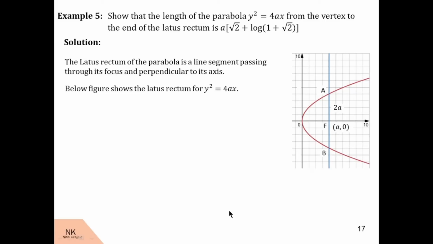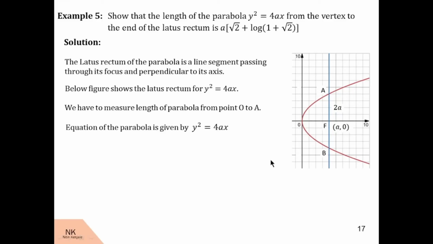We have to find the length of this parabola y square is equal to 4ax from its vertex, that is origin, to A. The equation of the parabola is y square is equal to 4ax. Then differentiating both sides with respect to y, we get dx by dy is equal to 2y by 4a, that is y by 2a.